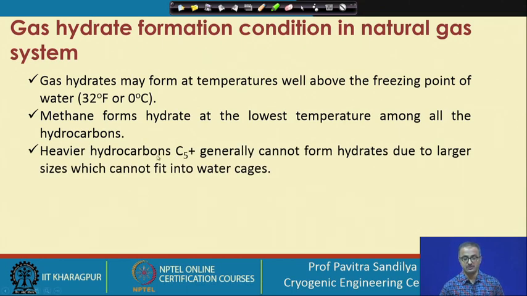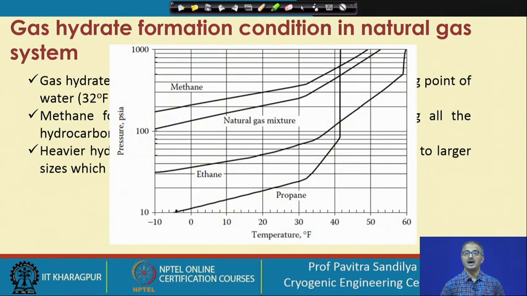The heavier hydrocarbons cannot form hydrates because they cannot be accommodated in the water cage. So, it is only the lower hydrocarbons which are prone to forming the hydrates, and in this particular graph we show how the various types of gases are forming hydrates.